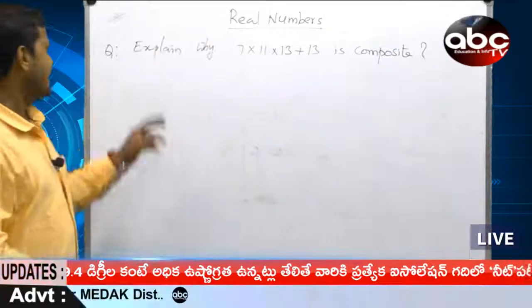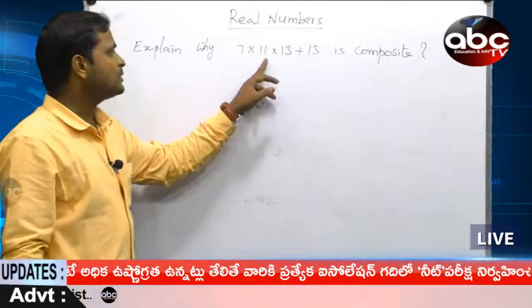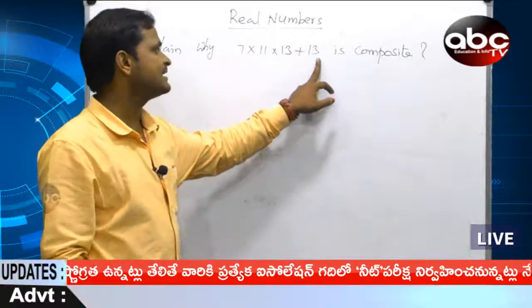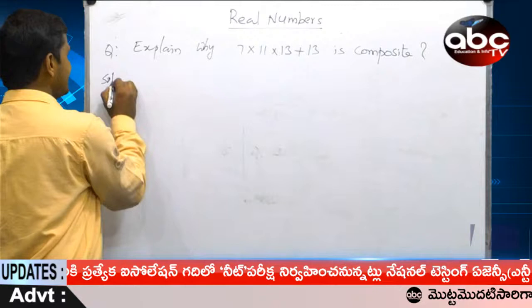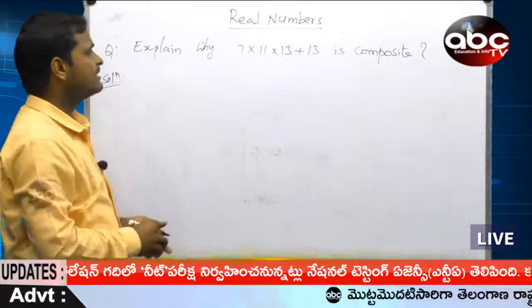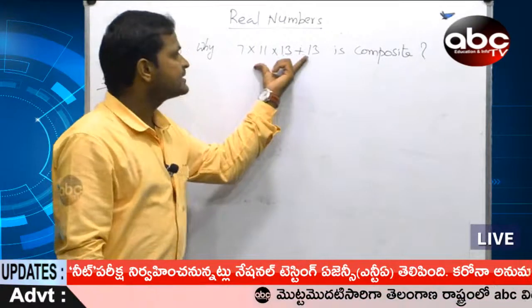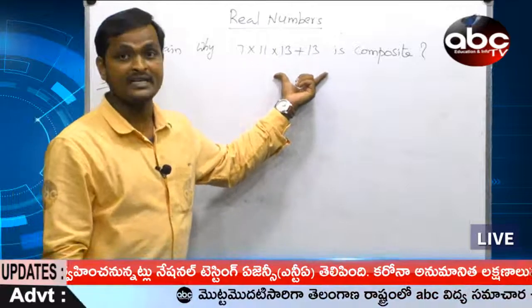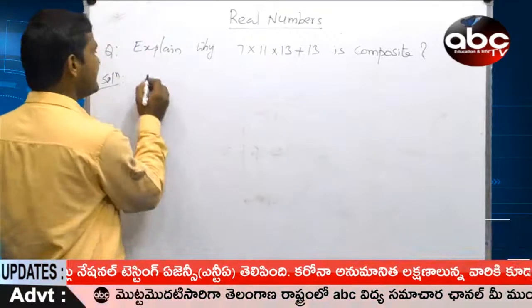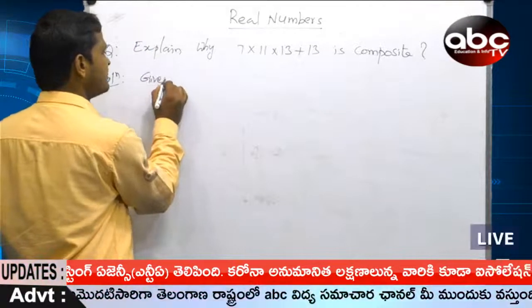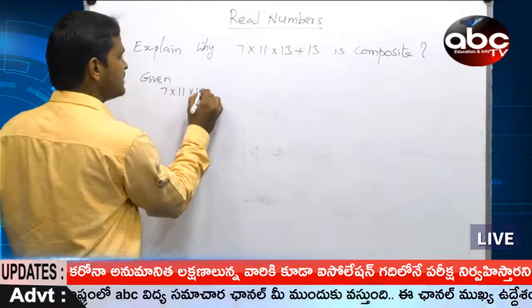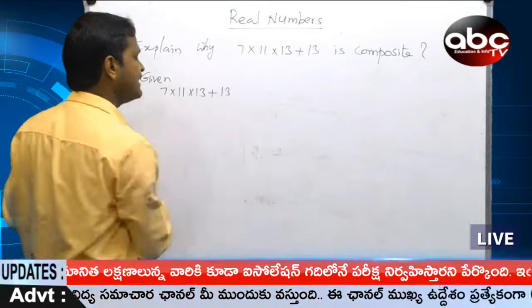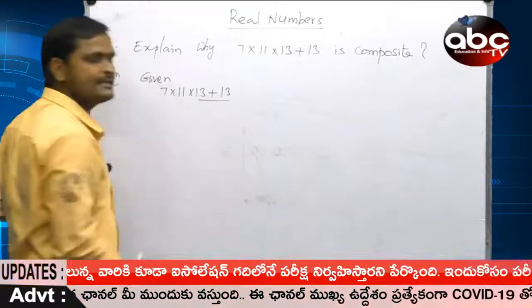Explain why 7 into 11 into 13 plus 13 is composite. How to solve this type of problem? See, students, first observe in the given numbers whether any number is common. Observe here, the given number 7 into 11 into 13 plus 13. Observe here, 13 is common.